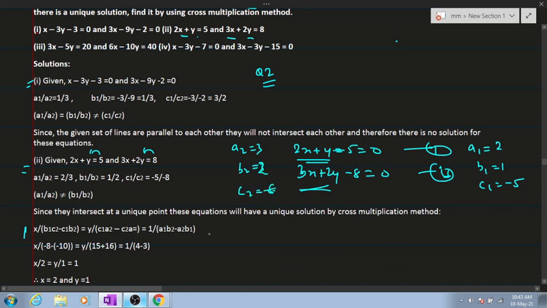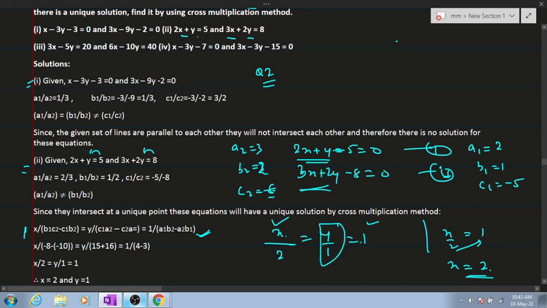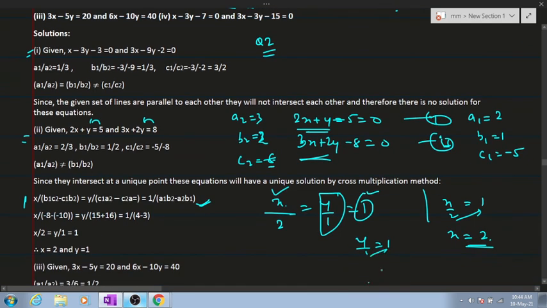When you substitute in the formula I have written for you, you will get x by 2 is equal to y by 1 is equal to 1. Taking the first and last, x by 2 is equal to 1, so cross multiplying, x equals 2. Taking the second and last, y by 1 is equal to 1, so y equals 1.